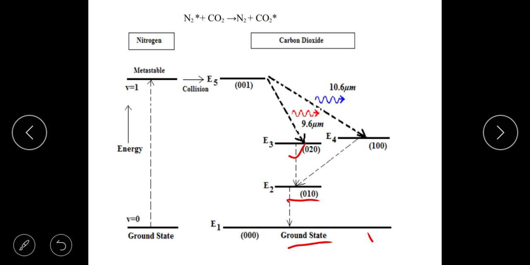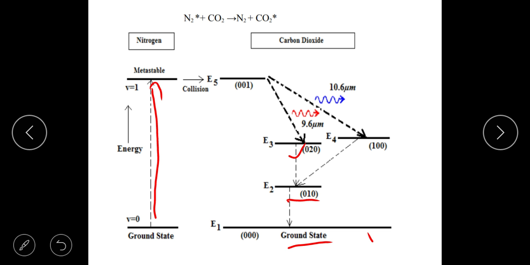Now when the discharge is switched on, due to the ionization, those electrons will collide with N2, and due to the collision, energy is transferred to nitrogen, and many molecules of nitrogen which have got that energy will go to the first excited state. This first excited state is a metastable state.